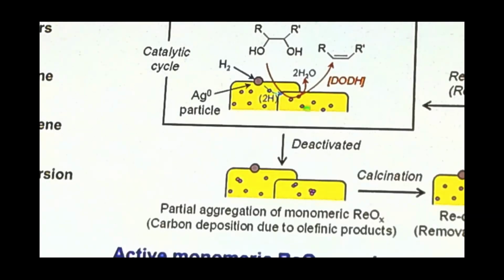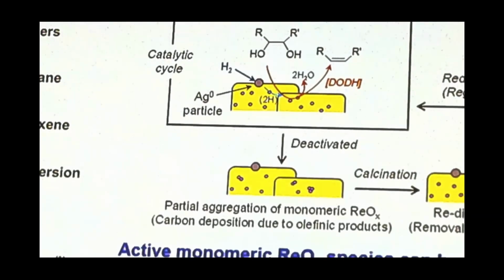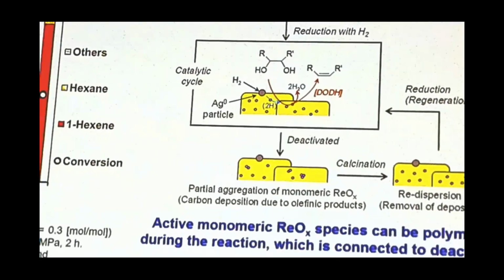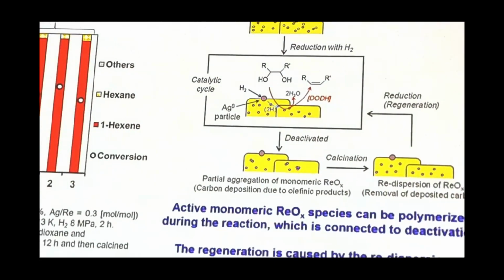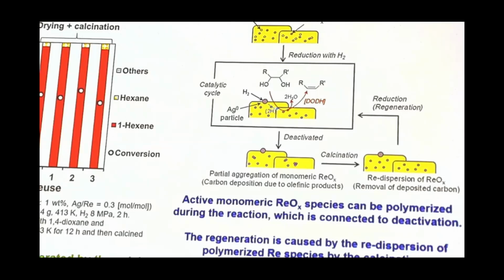In such cases, the rhenium monomeric species is polymerized and the activity is lost due to the polymerization. But if you calcine the catalyst, probably the dispersion of the species is restored, therefore this catalyst regenerates.